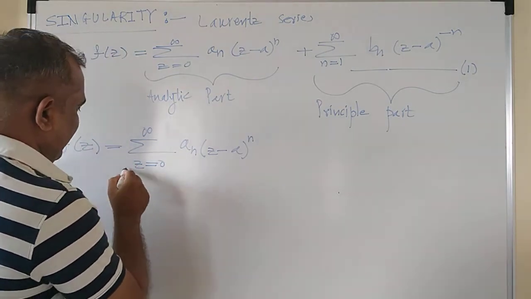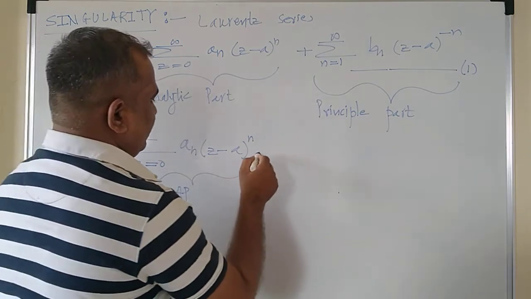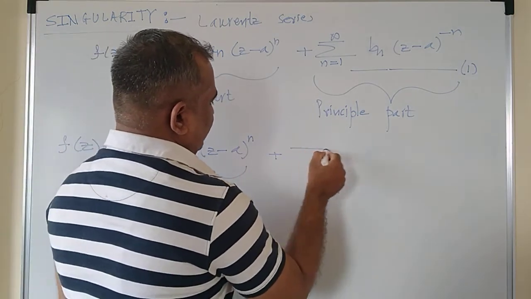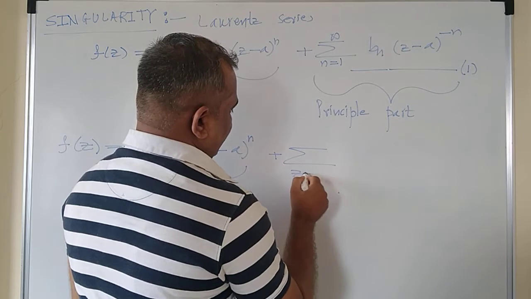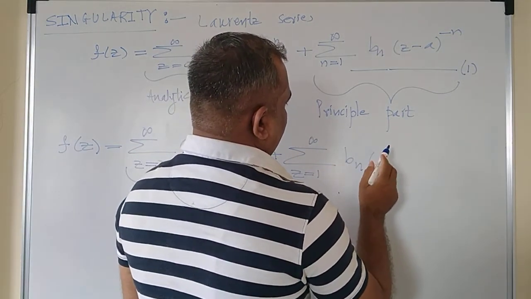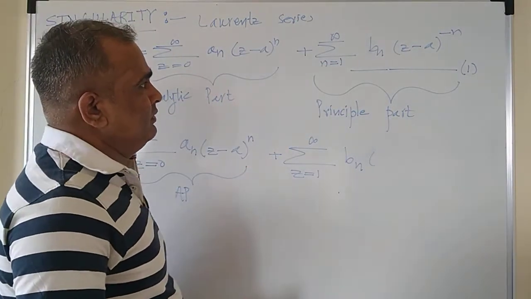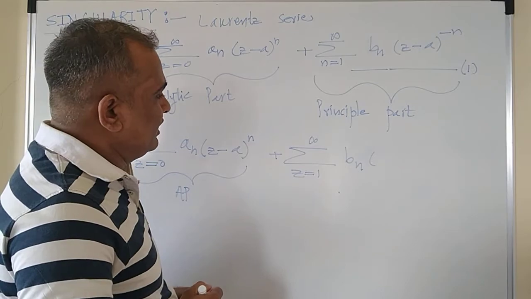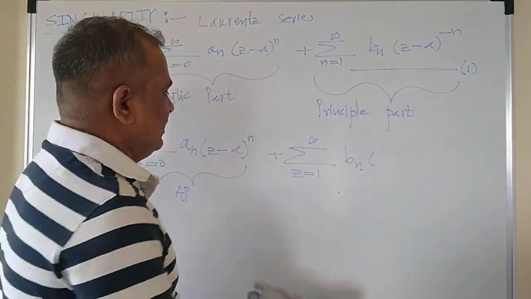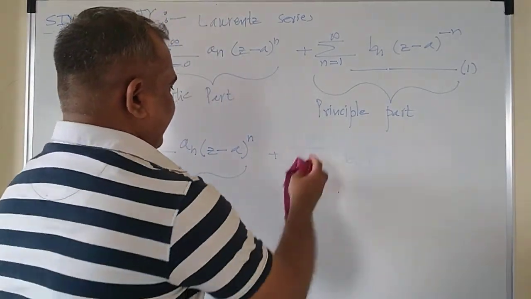This is the analytic part, and I will use the short form AP, plus summation n equals 1 to infinity b_n, and I will write a few more terms rather than only a single term, with the second term in a bracket.